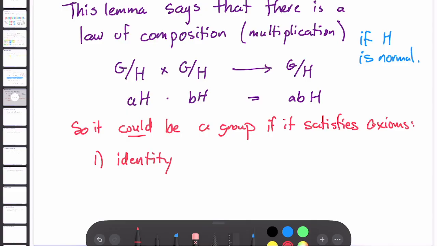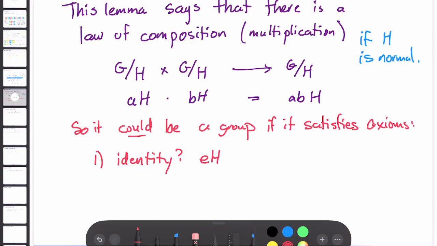What's the identity? Well, that should be the thing that contains the identity element.